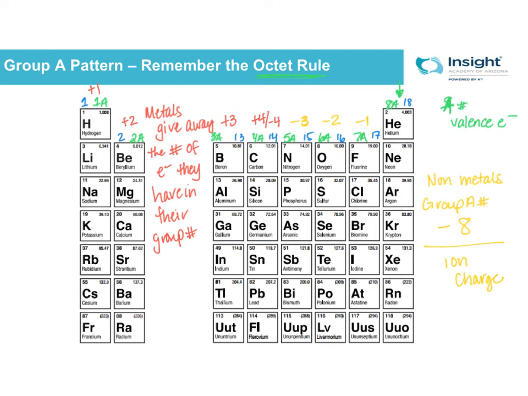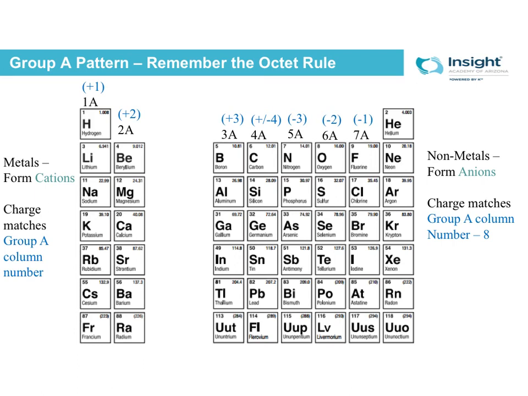All right, so this is so that you understand the reasoning behind this stuff. This is so that you can take a nice little screenshot and have this handy so that in the future, if you have to tell me what type of ion calcium will form, you just need to go see, oh, calcium is here on the periodic table. And since it's in group 2A, it'll form a +2 ion.